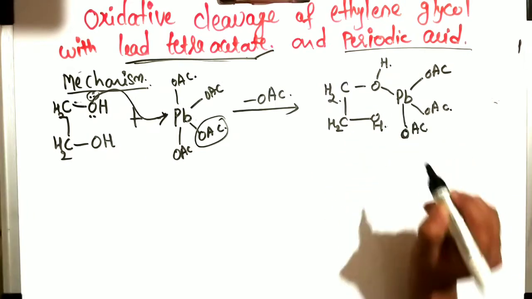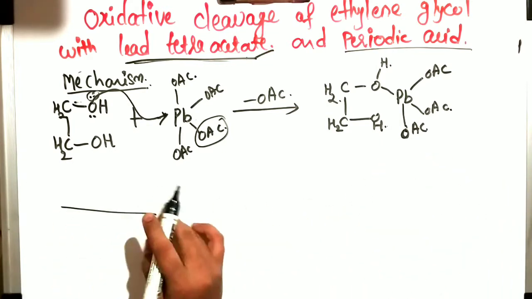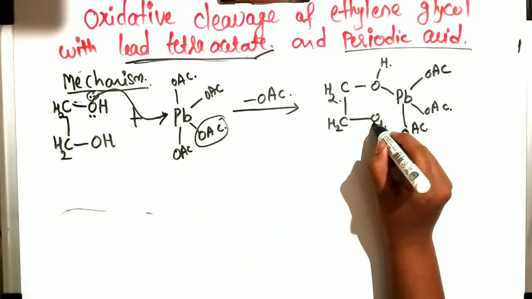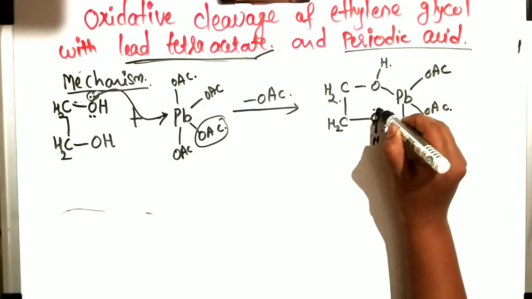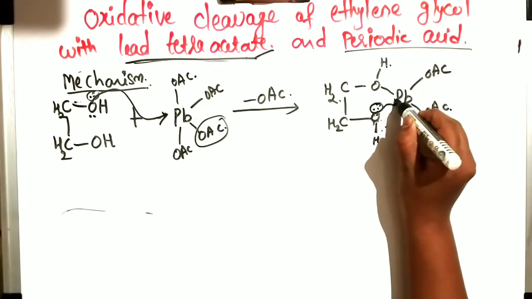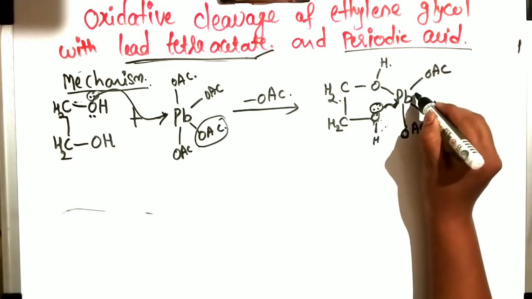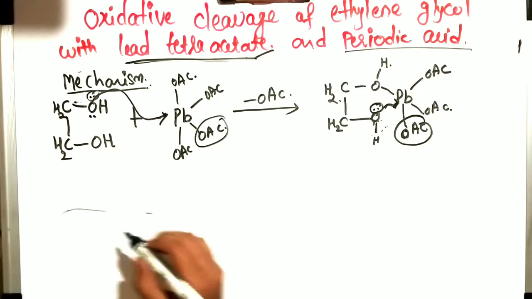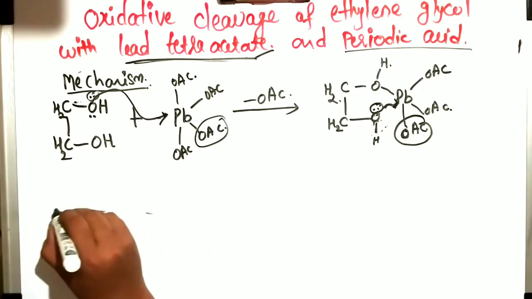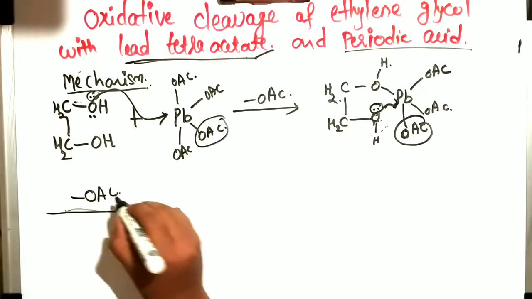In the next step, the same process continues. Again we have an OH group here. The oxygen has lone pairs, and again it will easily attach to the lead. When it attaches to the lead, one more acetate group will be eliminated. So how can we write this time?